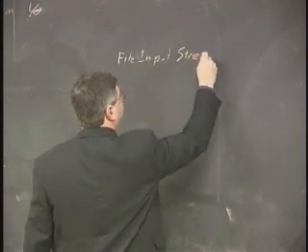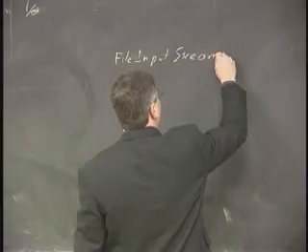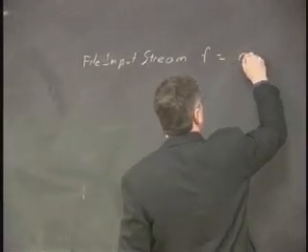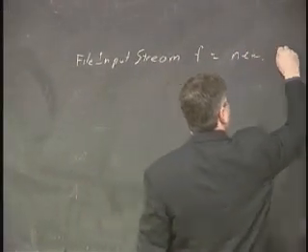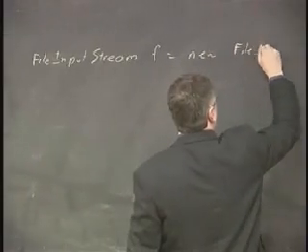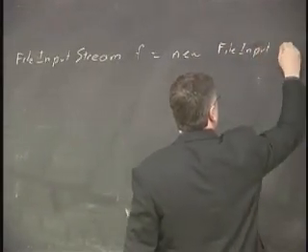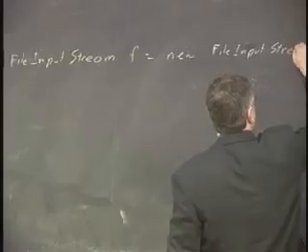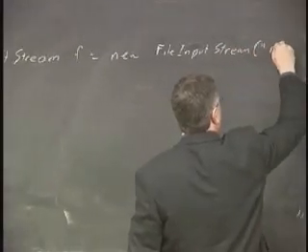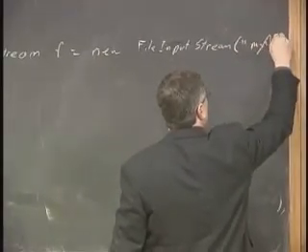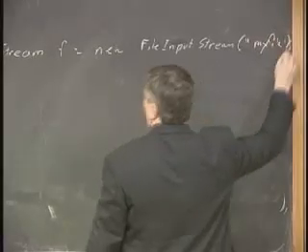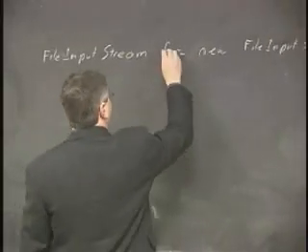We want to read some binary file. So we do a file input stream f equals new file input stream of my file. All right, so now we have f, our file stream.